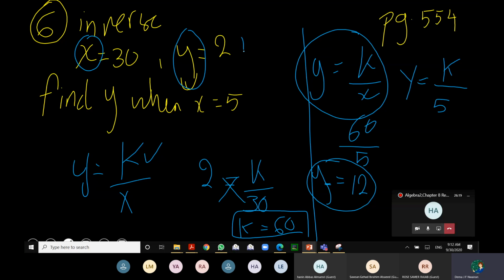I go back to my given information that x is 30, y is 2, and I can find k now. After I find k, I evaluate it on the x in my function here, and then I can find y. Is it clear now? Yes.